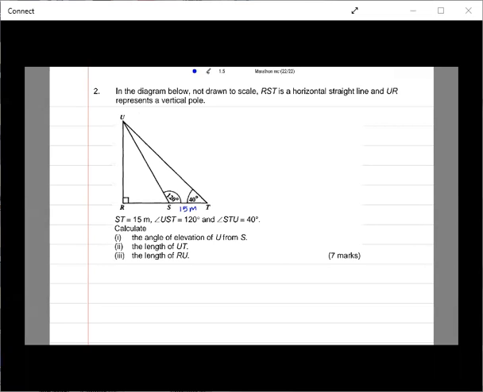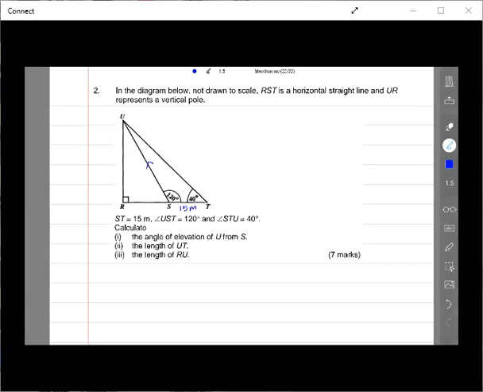Angle of elevation of U means that somebody is looking up at U from S. How do we know that? We're asked to calculate the angle of elevation of U, which means you're looking up at U from S. Angle of elevation is the angle between the horizontal and the line of sight when you're looking up.